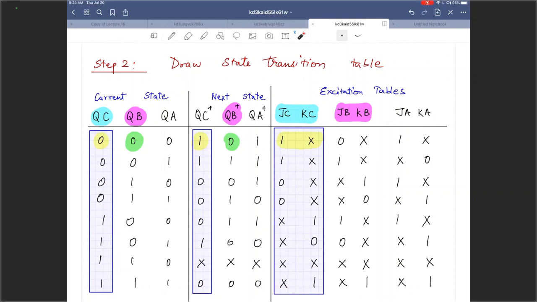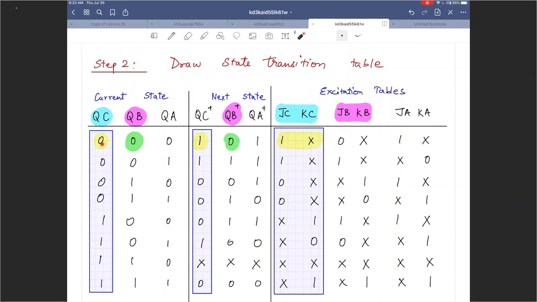That has nothing to do with the counter that we are designing. Well, only a little bit. It is a 3-bit counter. That's the only thing. But the next state column, that's what is crucial, because that is dictated by the counting sequence that we pre-decided. That was the 5, 4, 3, 2, 1, 7, 0.